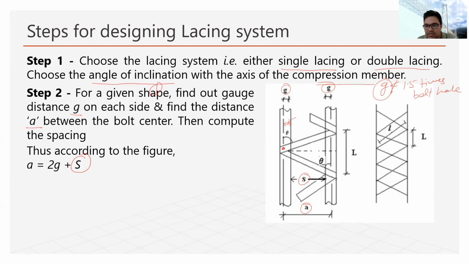You can see here, this is actually that spacing which is required to be found out, so that ryy and rzz are equal to each other. So this is that s value, and g value we assume what will be the gauge value, and on both sides, so we find out a in step 2.